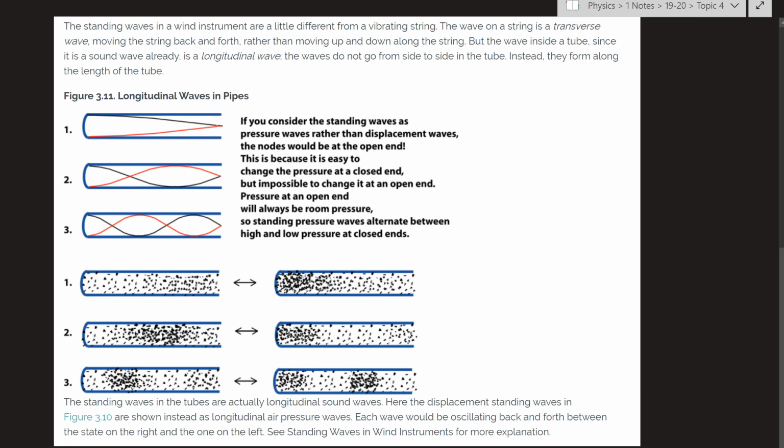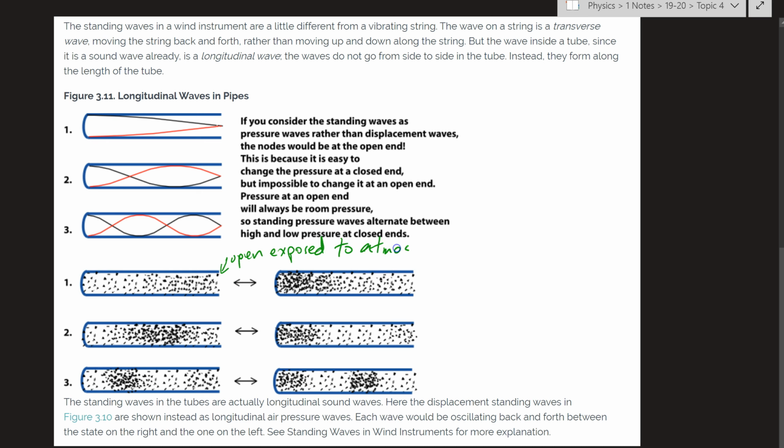The other complicated aspect about describing standing waves in terms of the pressure is that the analogy is reversed. It's a little confusing. If you're describing the sound wave in terms of pressure, so here's a closed tube where the other end, this end, is open and it's exposed to the atmosphere.